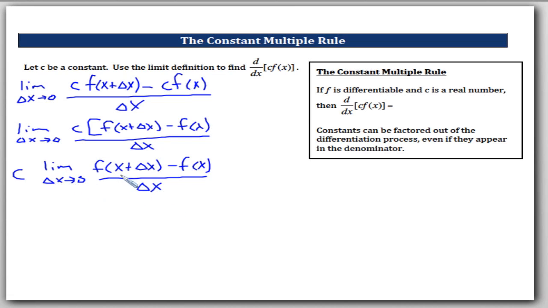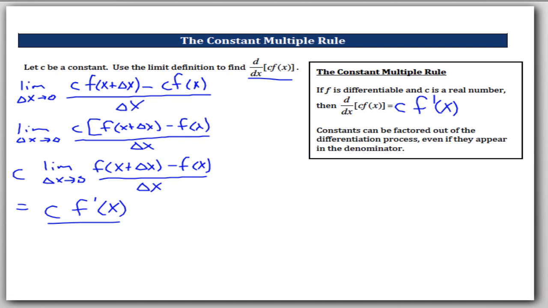Now what we're left with here is just the difference quotient. So the limit as delta x goes to 0 of the difference quotient, that is the definition of the derivative. And so what we're really left with here is c times f prime of x. So that tells us then that this equals this. So if f is differentiable and c is a real number, then the derivative of the constant times the function is just constant times the derivative of the function.